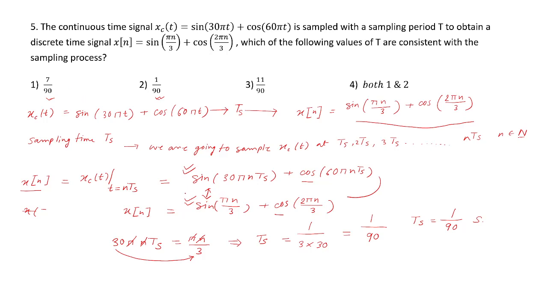So when we compare these two here, we are basically comparing sine 30 pi n ts with sine pi n by 3, correct?